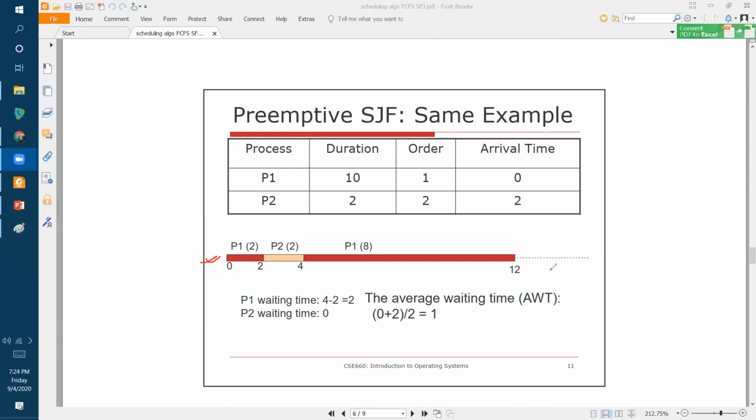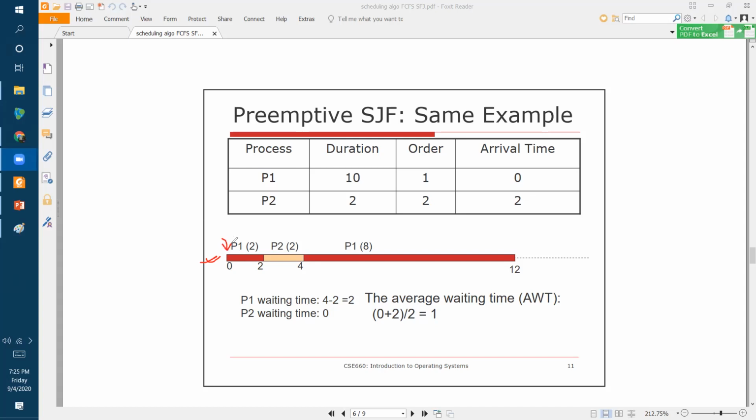We did draw this Gantt chart. In this scenario, we have to calculate the waiting time carefully, because P1 starts its journey at second 0.